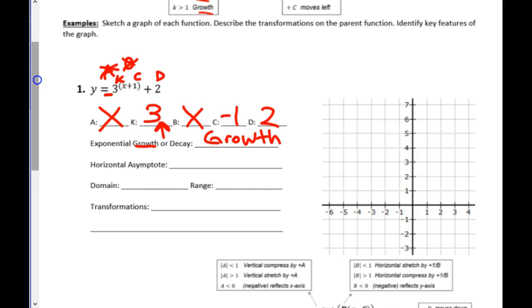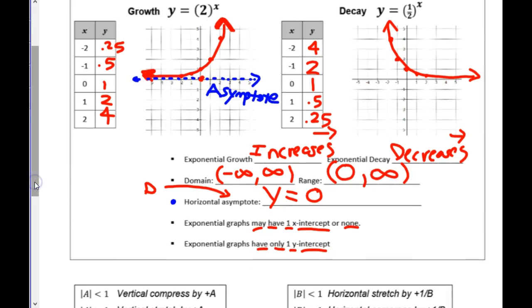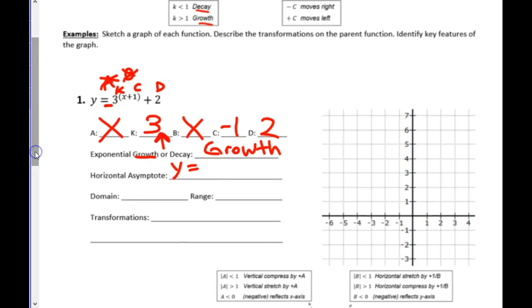Now, horizontal asymptote, we did this on the front. Is it X equals or Y equals? What do y'all think? X equals or Y equals? Okay. It is Y equals. If I'll show you on the front right here, remember? Y equals, right? Okay, so Y equals what?